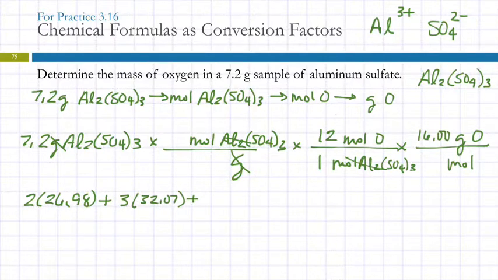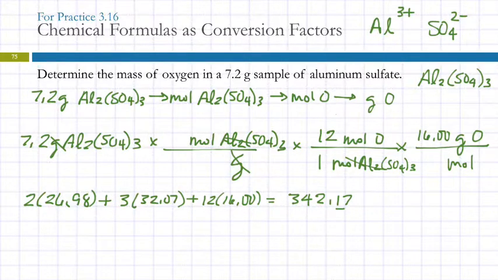And then there's 12 oxygens, and they are each 16.00. 2 times 26.98 plus 3 times 32.07 plus, I lost, 12 times 16. 342, wow, that's big. It's okay. It is what it is. 342.17.